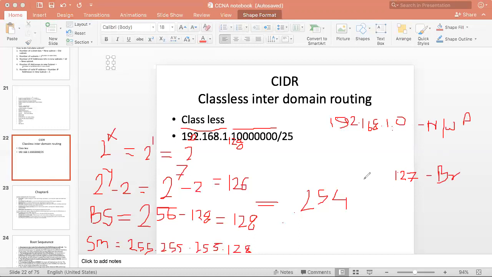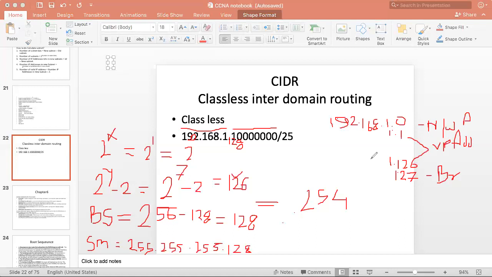In between, we have 126 valid IP addresses, so from 1.1 to 1.126 will be the valid IP addresses. This is your first network.